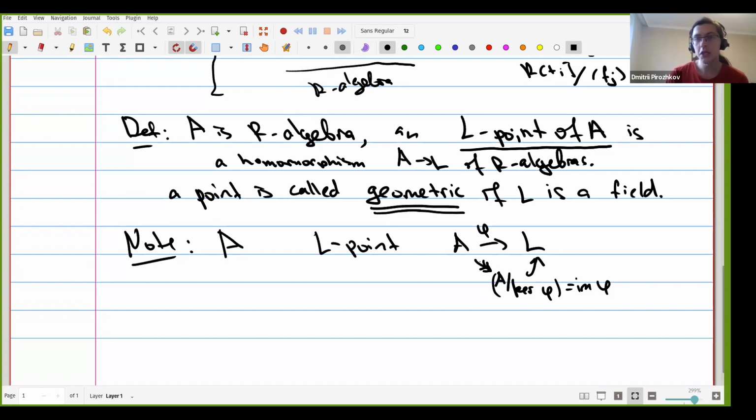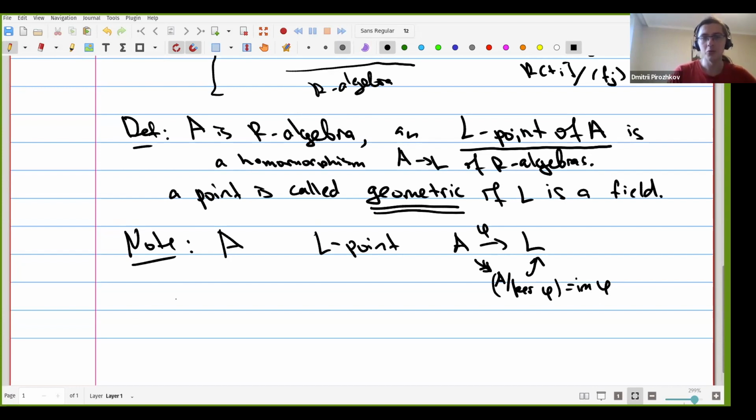When we study all L points, one thing that we can do is first to study what are possible kernels of homomorphisms from A to some other algebra, because this is something that only depends on A, and this is intrinsic, does not depend on the choice of the auxiliary algebra L. And then afterwards we can study embeddings into L, but that's now not really related to what A was.